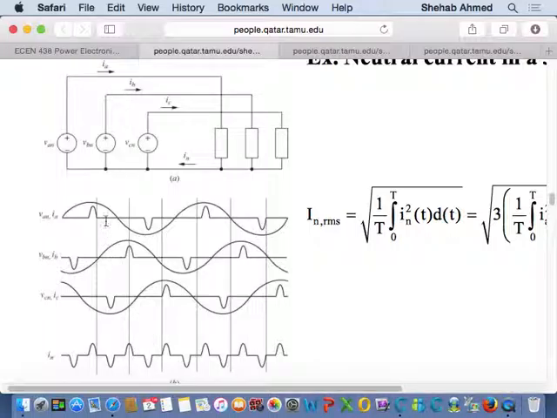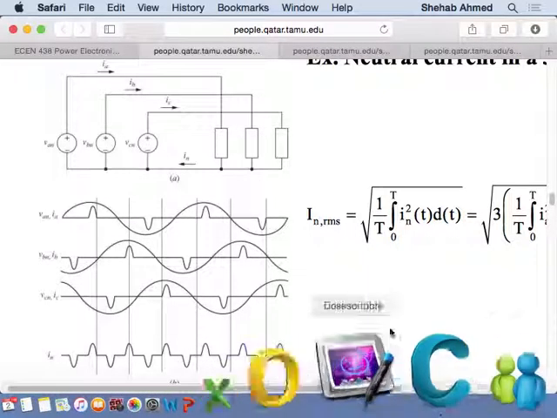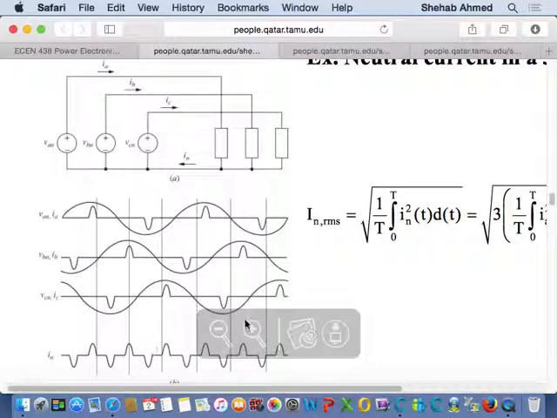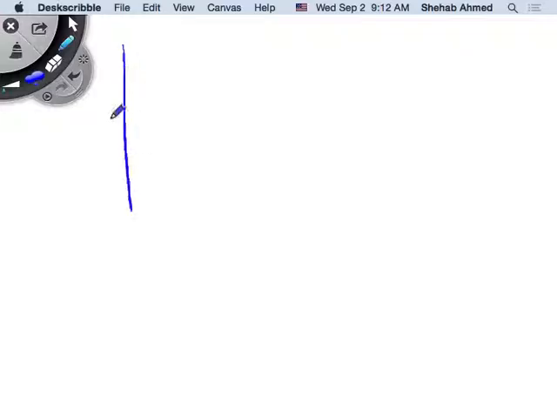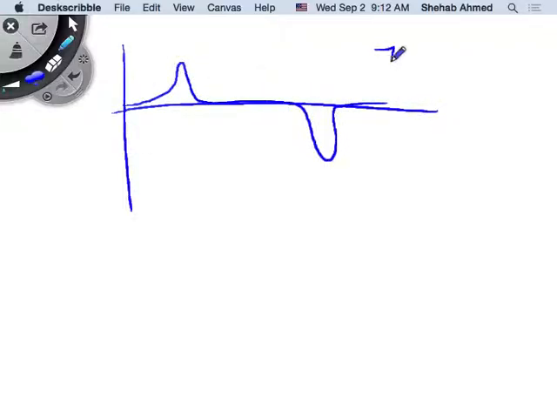So if IA has an RMS value of I RMS, what's the RMS value of this neutral current? IA has an RMS value of I_x RMS.